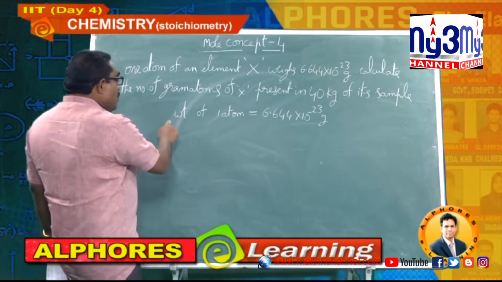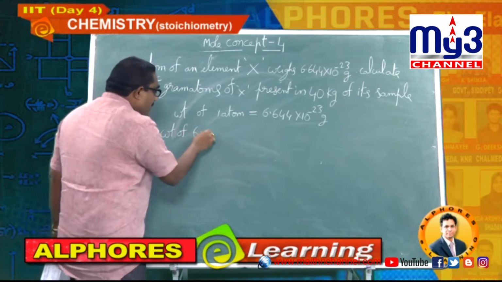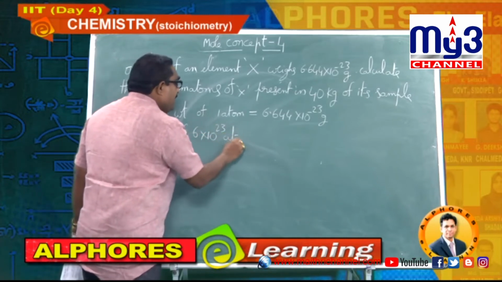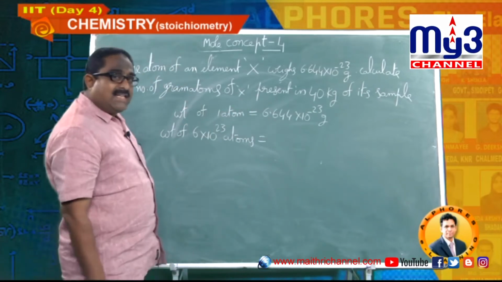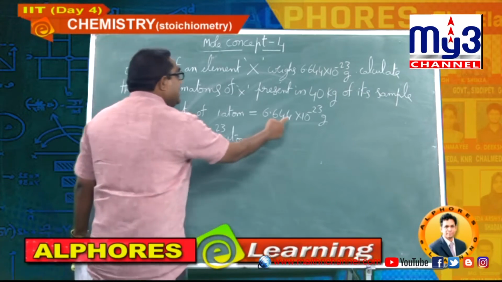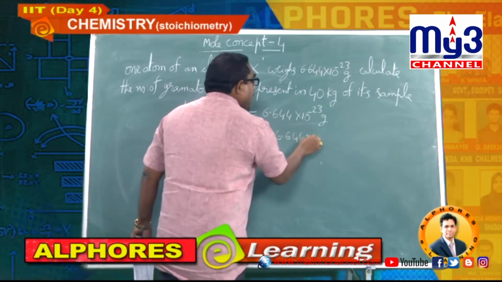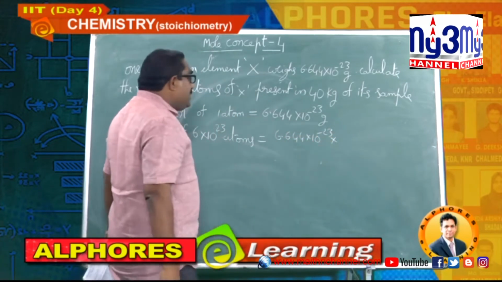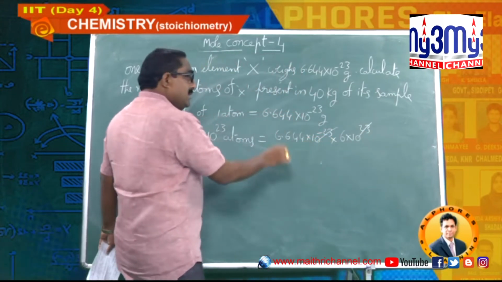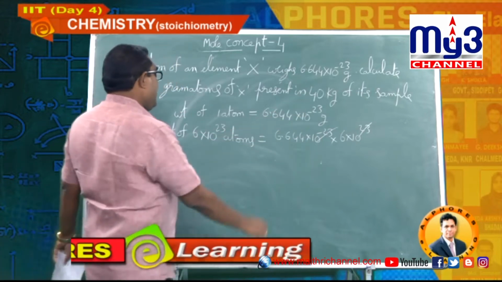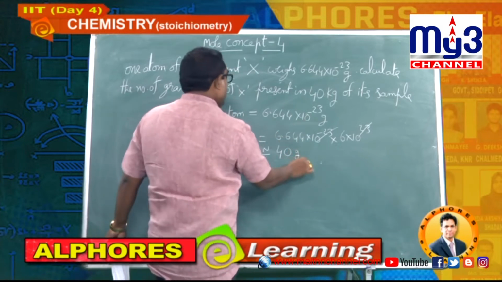Now I am going to calculate the weight of 6 into 10 power 23 atoms. So this also should be multiplied with 6 into 10 power 23 because it is the weight of one atom. Now I am going to do that. 6.644 into 10 power minus 23 into Avogadro number. These two get cancelled, and almost you will get 40 grams.